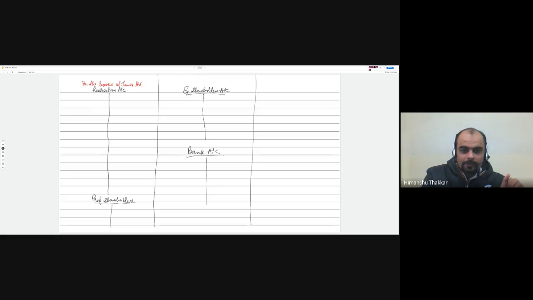So, preference shareholders account, opening balance, that is transferring the capital: by preference capital, 4 lakhs.